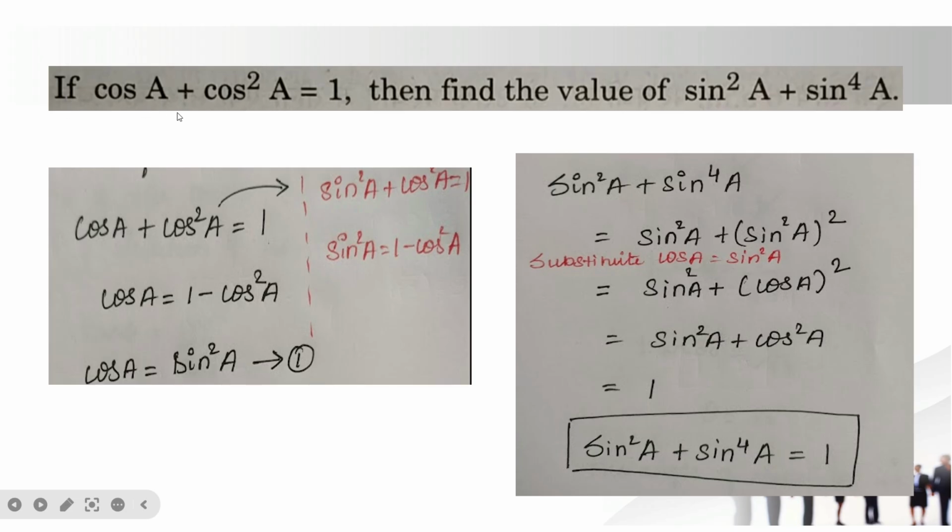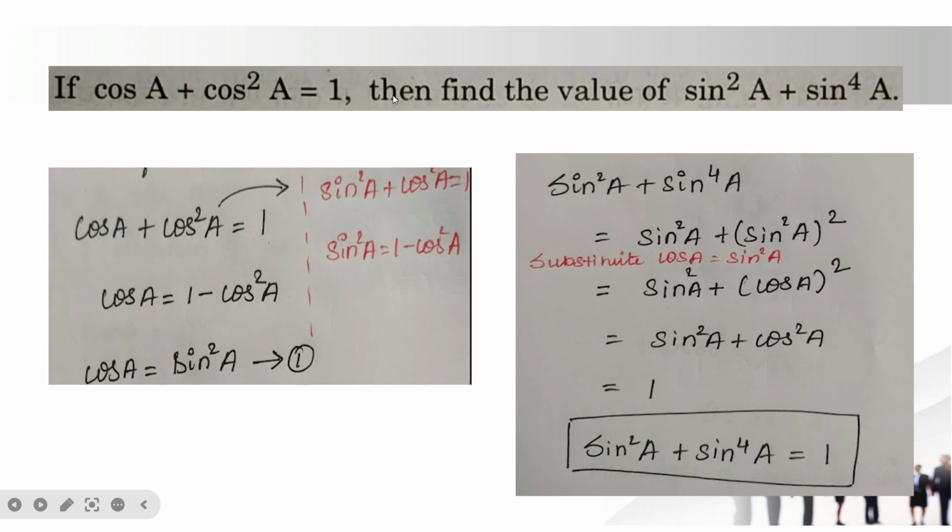If cos A plus cos square A equal to 1, then find the value of sin square A plus sin power 4A. They are saying if this equation equals 1, then find the value of this one. We need to simplify it further because do we have any cos related things here?